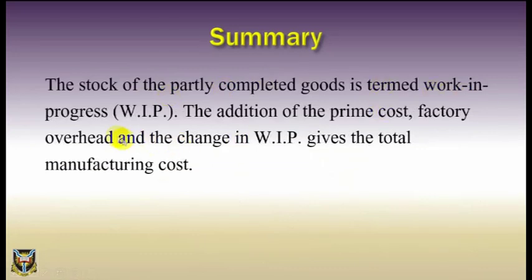The stock of the partly completed goods is termed work in progress, WIP. The opening stock of WIP less the closing stock of WIP gives changes in WIP. The addition of the prime cost, factory overhead, and the change in WIP gives the total manufacturing cost.